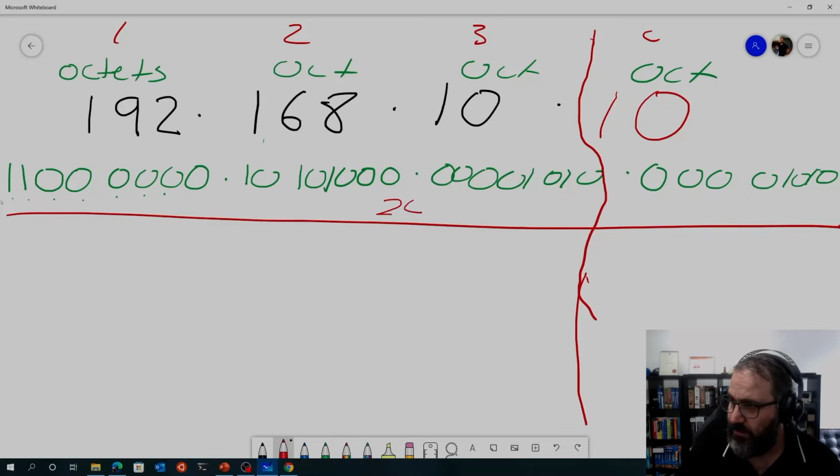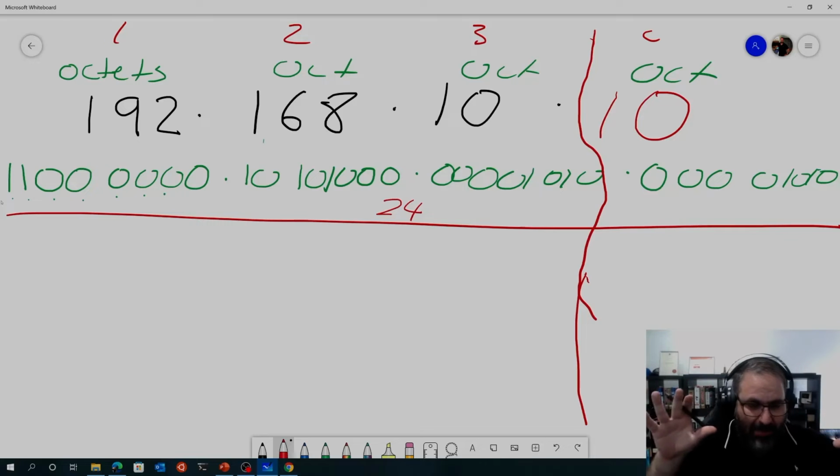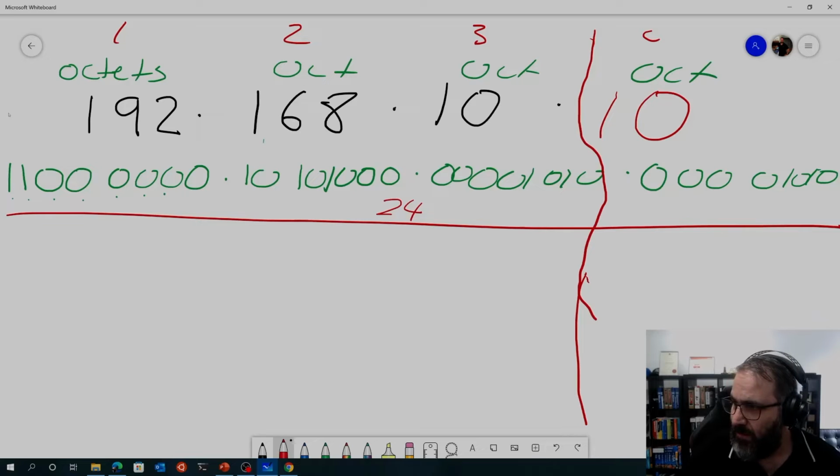It's going to be 24 bits. Put this in your mental filing cabinet, or write it down and put it to the side. We're not going to use this yet.